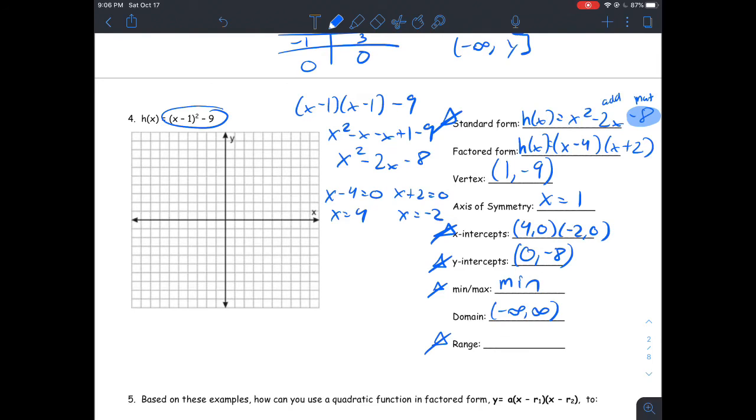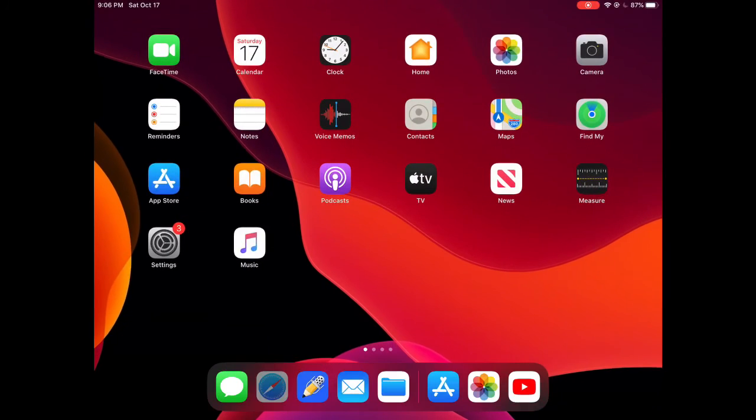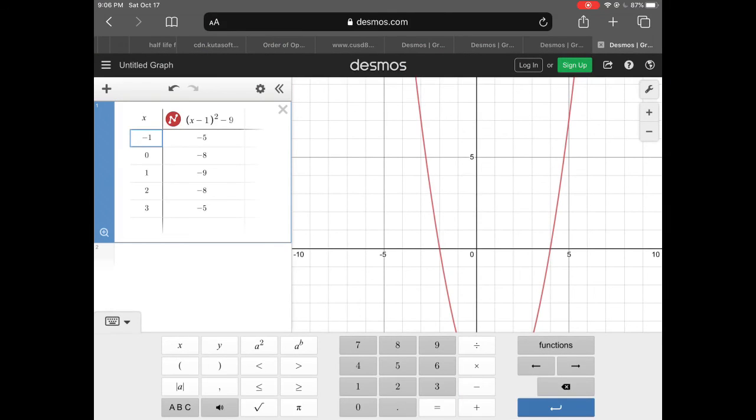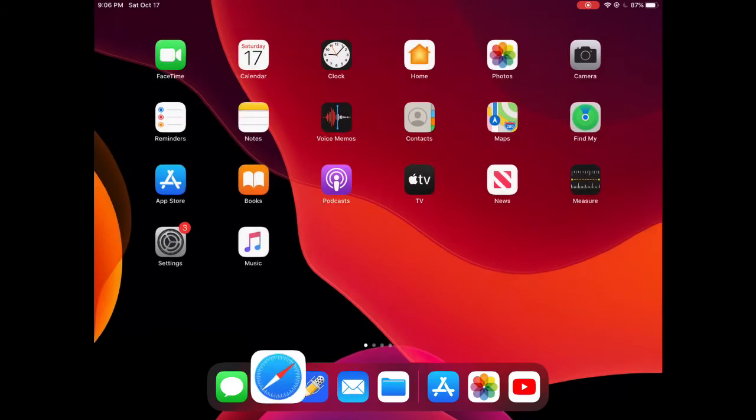In this case, the range is going to be negative 9 to positive infinity. So let's go ahead and come up with our table. Our vertex is 1, negative 9, so we're going to have 0, negative 1, 2, and 3. We can hop on over to Desmos, and we get negative 5 and negative 8, and negative 8 and negative 5.